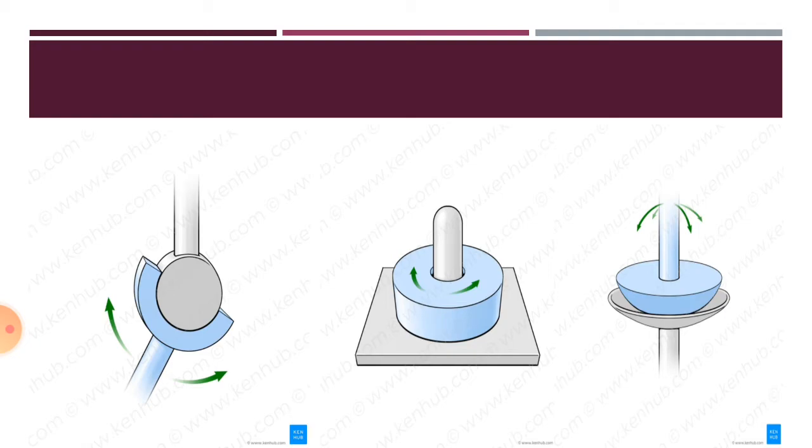The first type that we studied is the hinge type, and the hinge type is commonly found in the elbow joint and knee joint. This allows limited movement, or we also call it a uniaxial joint because it allows a movement in a single plane.